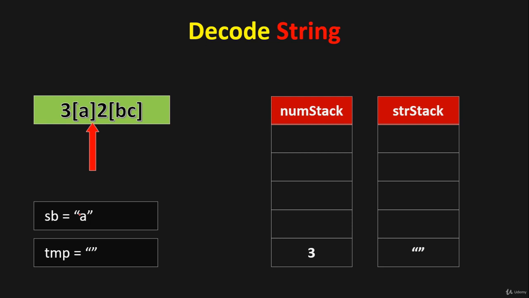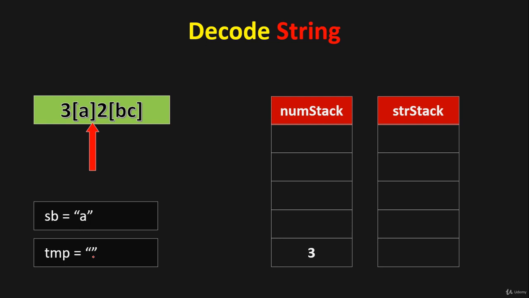The next character we see is closing bracket. Whenever we find a closing bracket, we'll pop out the top element from string stack. In this case, empty string, and the string will be assigned to temp variable. We have here empty string, so let's pop out this empty string and assign this empty string to this temp variable. Since this temp variable is already empty string, nothing needs to be done here.